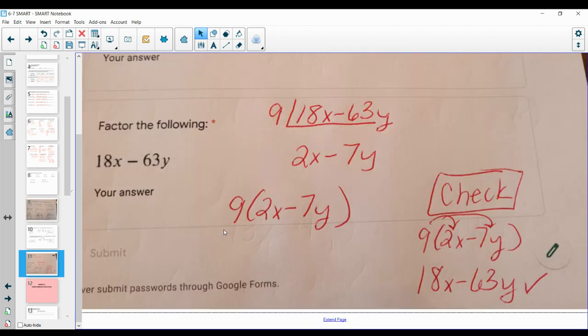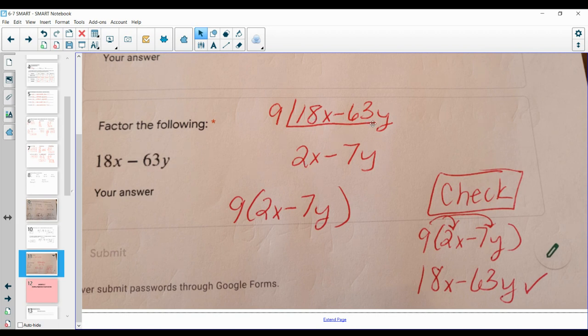All right. And then finally, the factoring problem, again, you can break this up. If you wanted to take out 3 and then another 3, you could have done that. I chose to just take out 9, which is the greatest common factor. So 9 as your GCF, and then taking that out, dividing it. 18x divided by 9, you're going to get 2x.